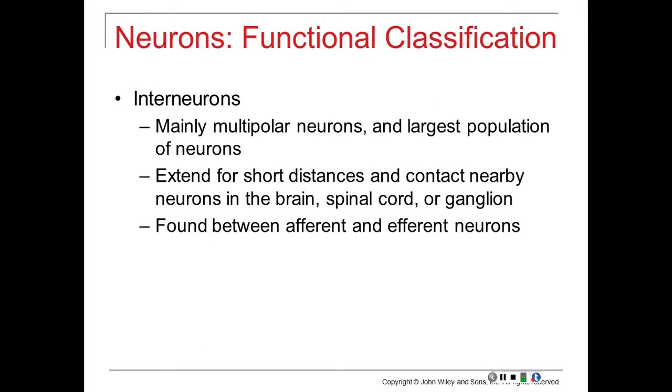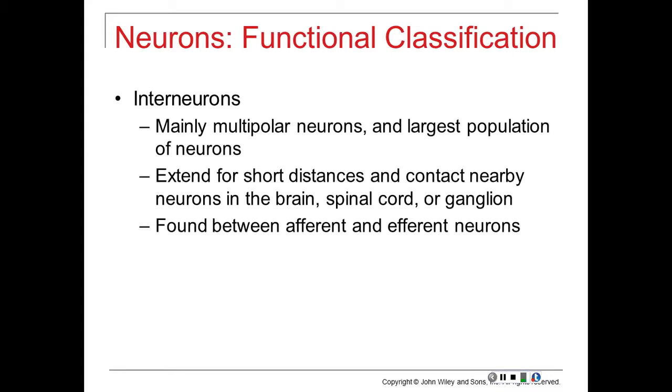Interneurons are mostly multipolar neurons, and they have a very large population. In other words, the majority of our neurons within our central nervous system are interneurons. Interneurons are the relay center between the afferent and efferent neurons. So you can imagine the role that they play in information processing.